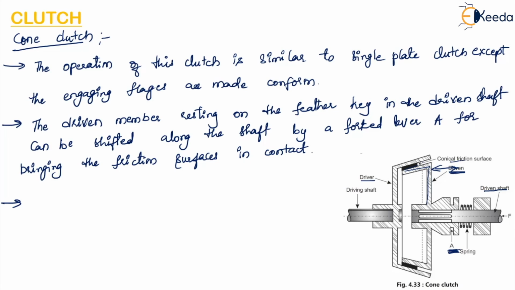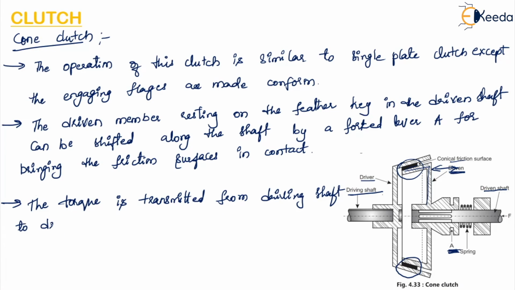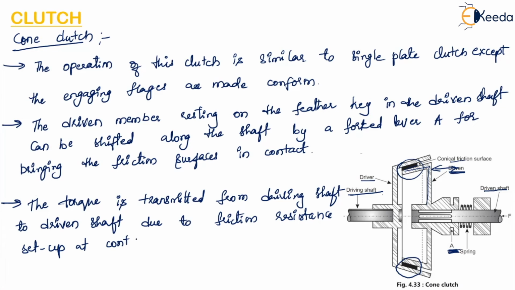Because of this frictional resistance, torque is transmitted from the driving shaft to the driven shaft. So this is the driving shaft. Torque is transmitted from this shaft to this shaft because of friction which is caused at the contact surfaces, due to friction resistance set up at contact.